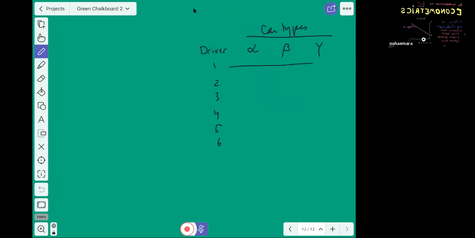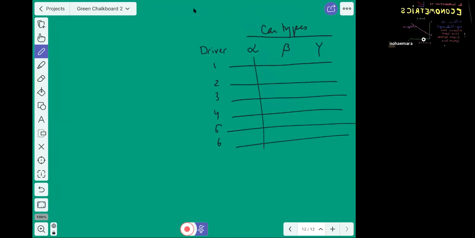And you want to see, so you're going to be having different combinations here, right? Each intersection is going to be a certain value, which is a car type versus the driver class.